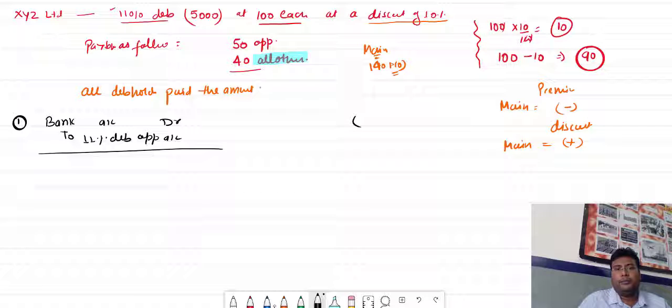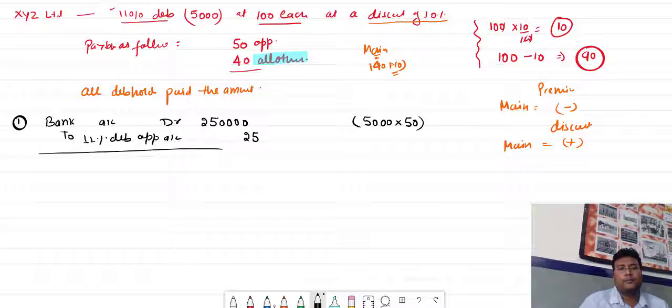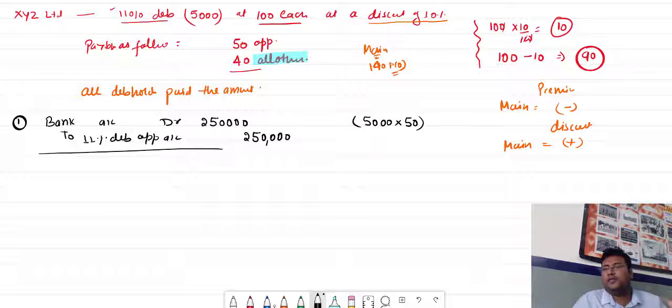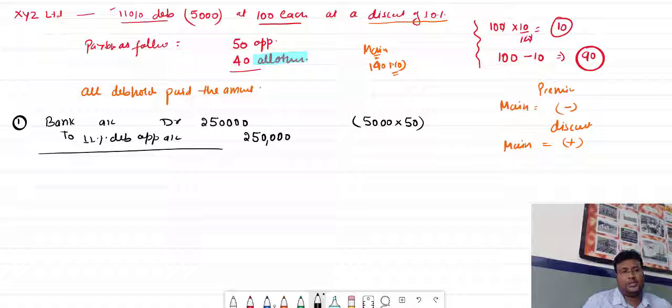What is the number of debentures? 5,000. And bacha, what is the application value? It is 50. So 5,000 into 50 is 2,50,000. Getting my point? This is the first entry of bank account debit to 11% debenture application.